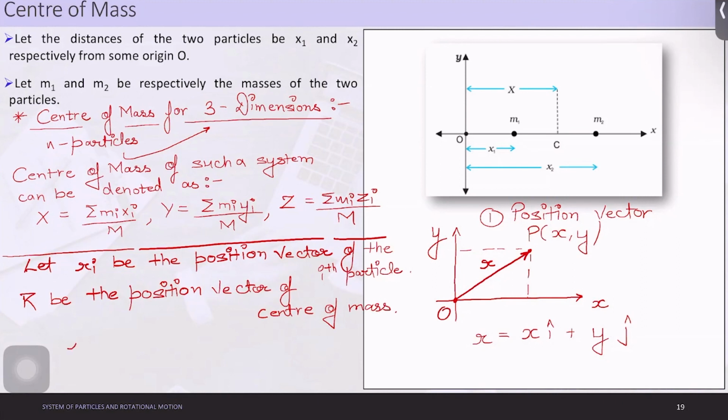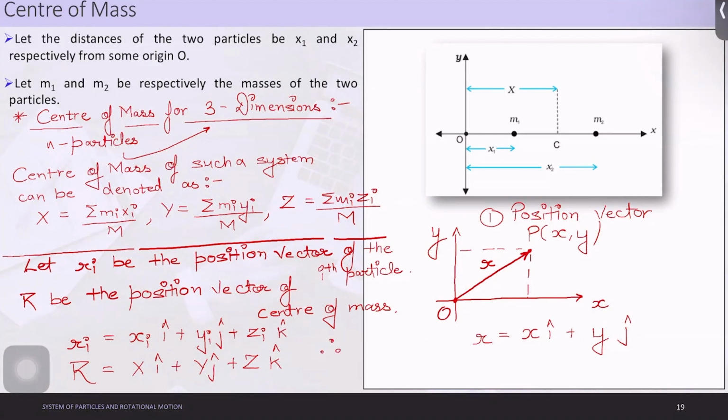Mathematically, we can write small ri equal to xi i cap plus yi j cap plus zi k cap. Similarly, capital R can be written as equal to capital X i cap plus capital Y j cap plus capital Z k cap. Okay, I hope it is clear till now.